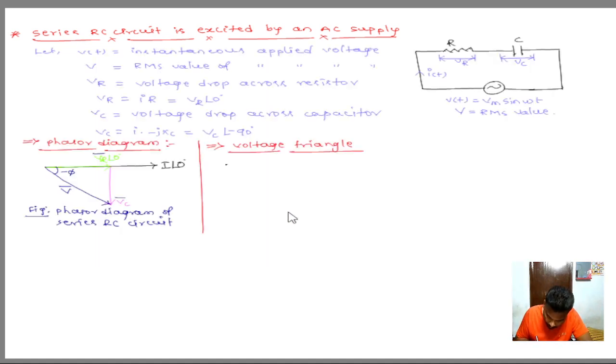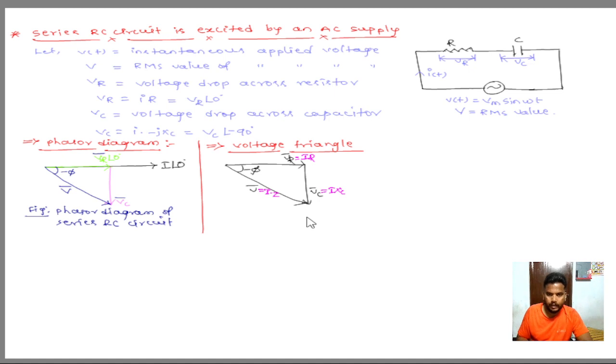This is VR, this is VC, and this is V. The angle is minus phi. We know VR is equal to IR, VC is equal to IXC, and V is equal to IZ.